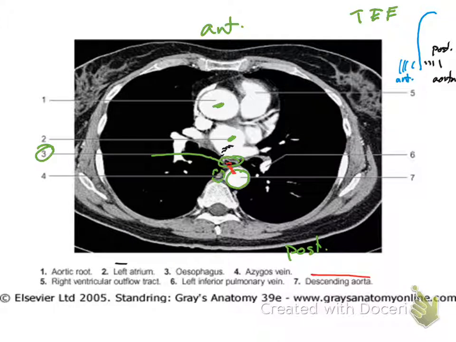I think with that in mind we can move on. Just to mention the other structures we can see here: this one is the right ventricle. Then the other one that we can mention is this tiny one here, the left inferior pulmonary vein. And basically that.